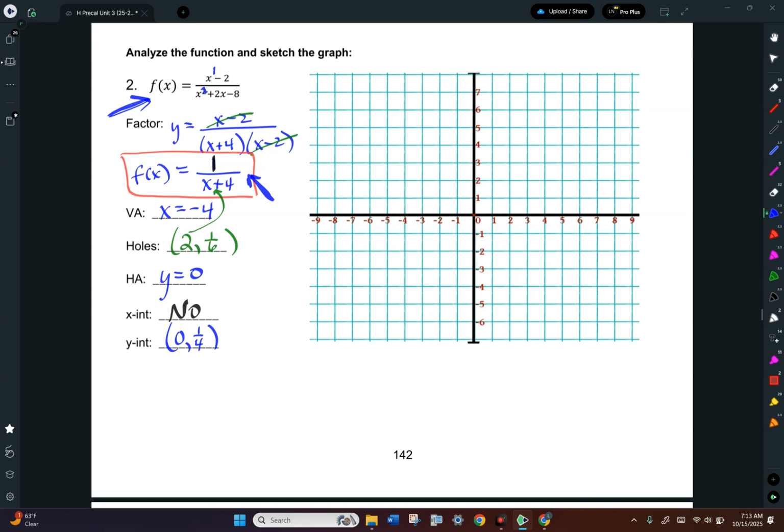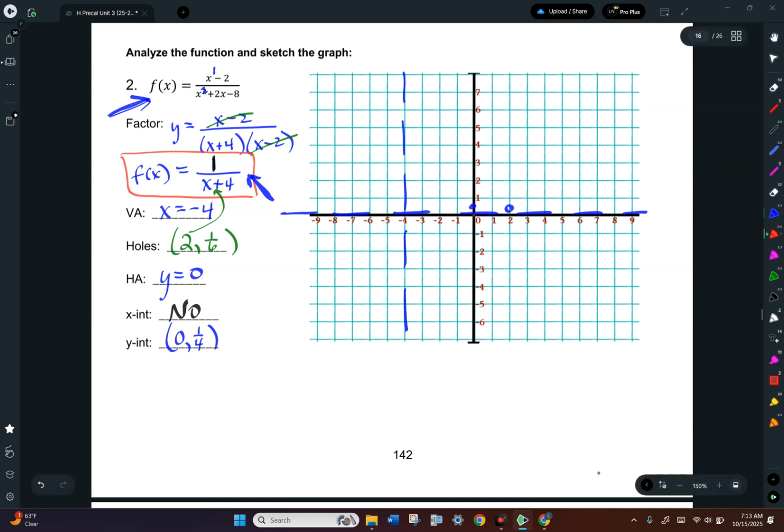I have a vertical asymptote at -4. I have a horizontal asymptote at 0. This graph has a hole at (2, 1/6). So right here, there's a hole. It's never going to cross the x-axis, and there's a y-intercept at (0, 1/4).